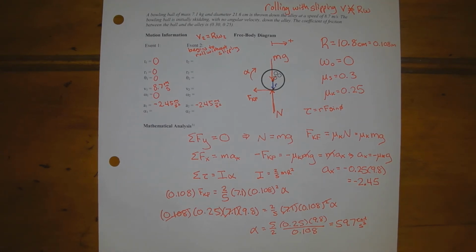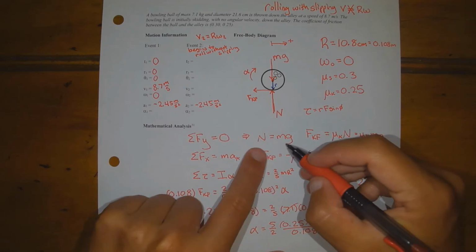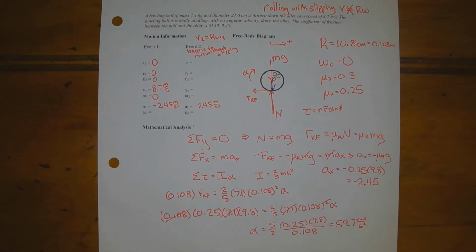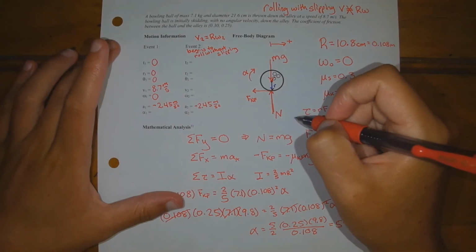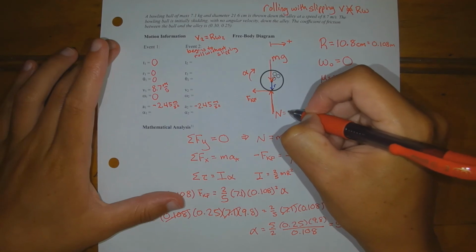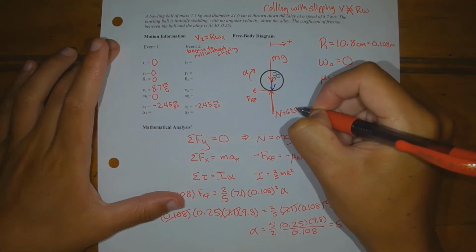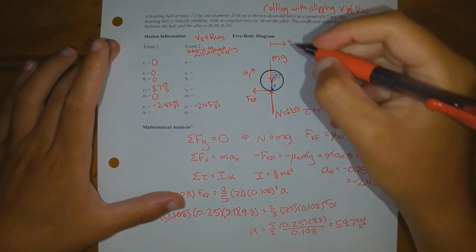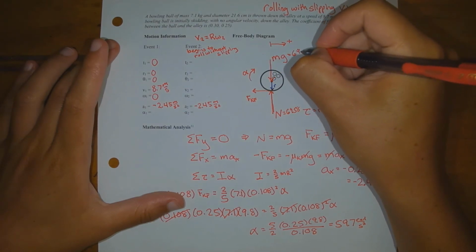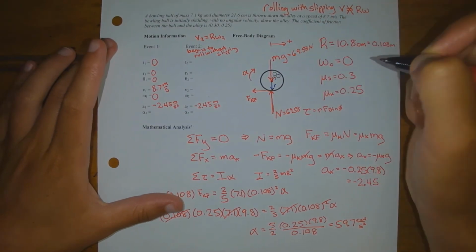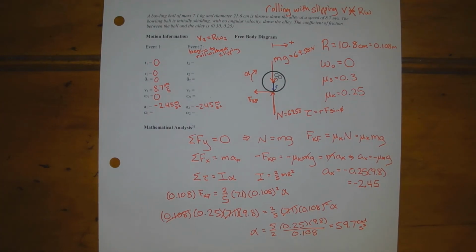I guess I should also be finding the magnitude of each force. So for the normal force, I should plug in the mass. And I get 69.58. So the normal force is equal to m times g, so this is 69.58 newtons. And the force of kinetic friction, if you multiply by the coefficient of kinetic friction, you get 17.4.